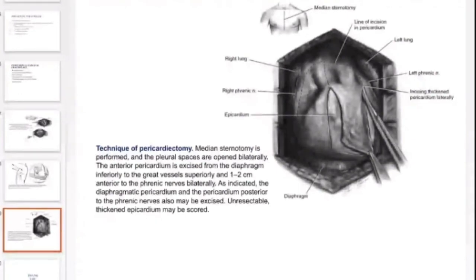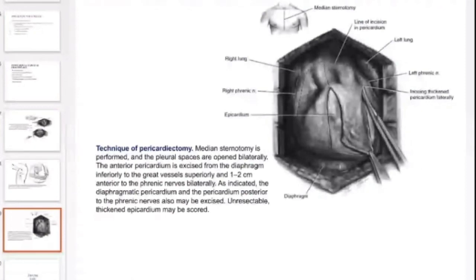First of all, you should remove all the constrictive pericardium anteriorly. Posteriorly it is not necessary to remove it, but the anterior pericardium you should remove, to release the arterial flow and venous inflow so they return to normal.